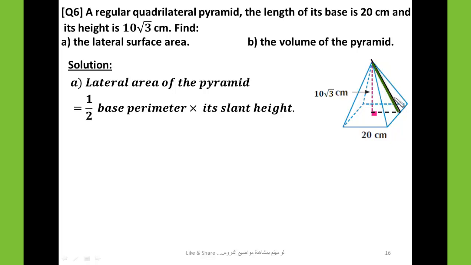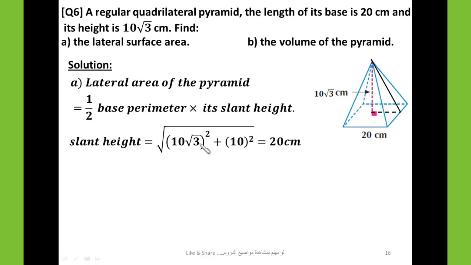We know the height equals 10 root 3 and the length of this side equals half of 20, which equals 10. So the slant height, as a hypotenuse opposite the right angle, equals the square root of (10 root 3) squared plus 10 squared, which equals 20 centimeters.